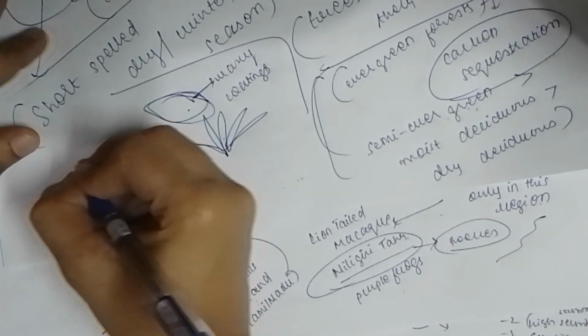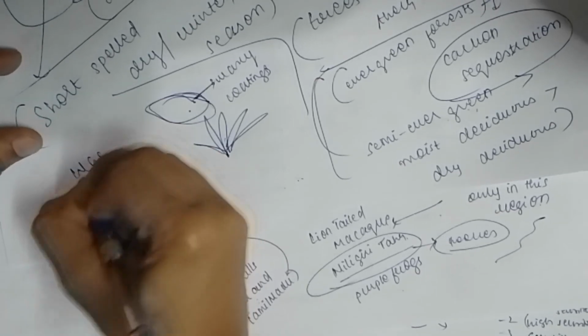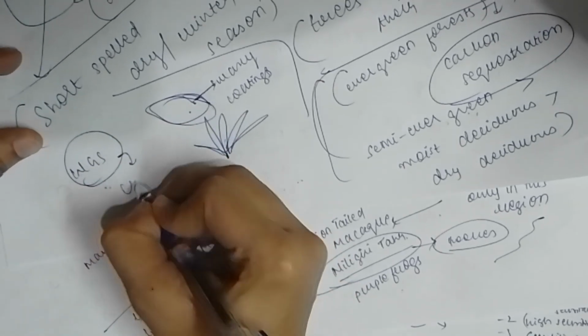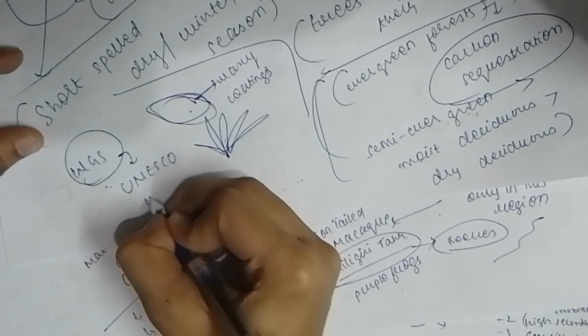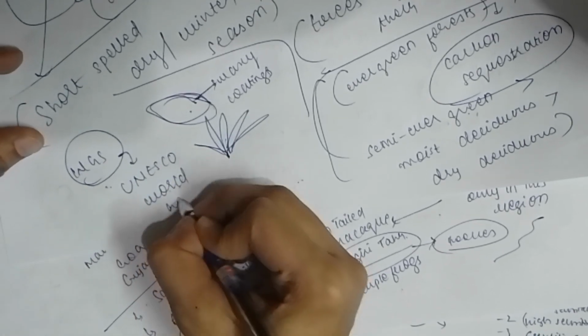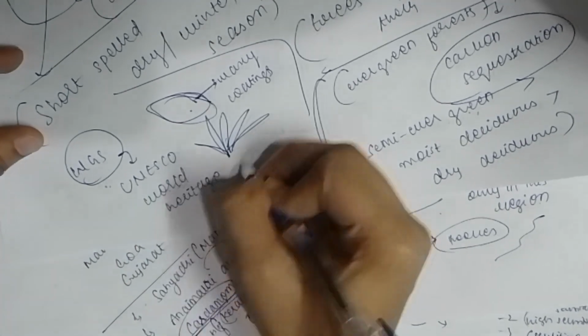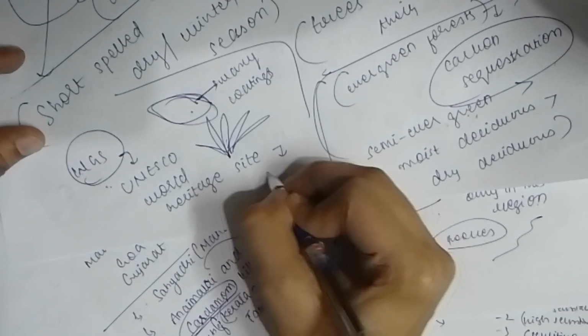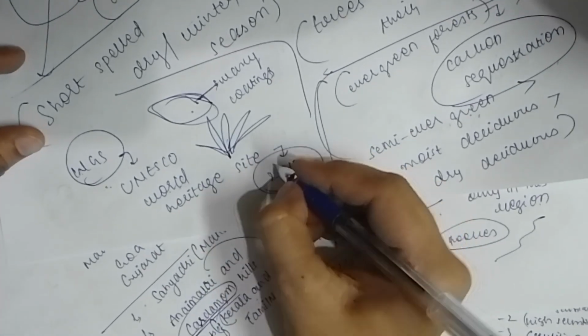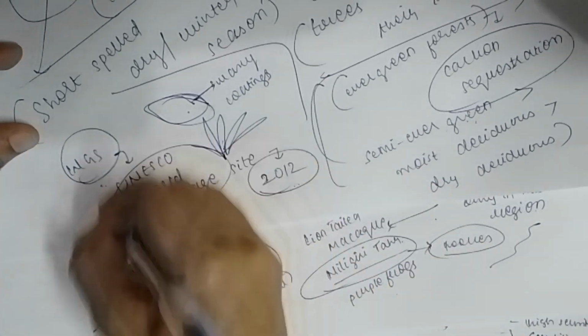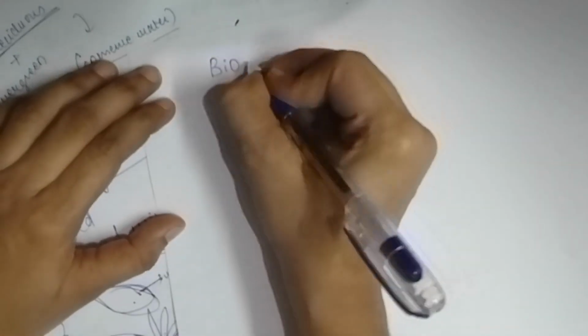And coming to the point of Western Ghats, the Western Ghats was declared a UNESCO World Heritage Site in the year 2012. Why is it declared a UNESCO World Heritage Site? Because of its endemism, I mean it is a biodiversity hotspot.